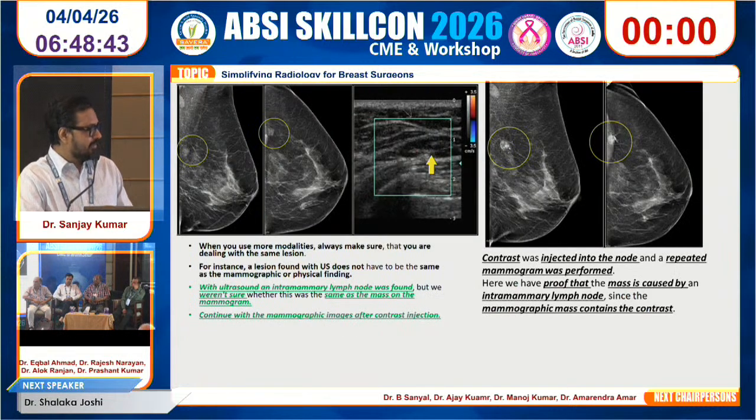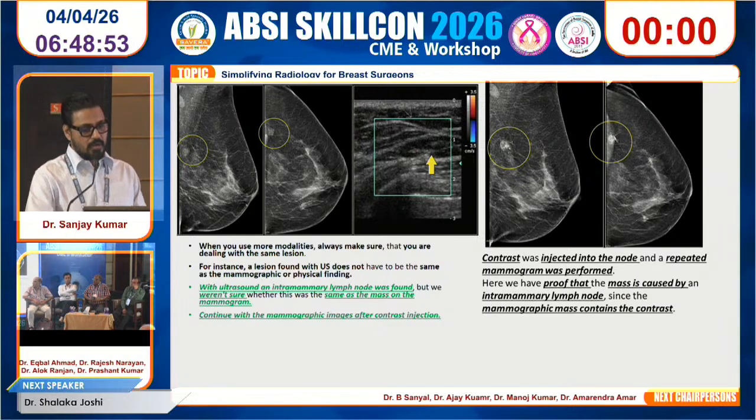Now we can see here something in the mammogram detected as some radiodense opacity, but on the ultrasound this is detected as a lymph node. And always try to match the lesion, whether it's the same on the ultrasound or something else. So try to use other tools, like injecting contrast into the needle, and a repeat mammogram was performed.